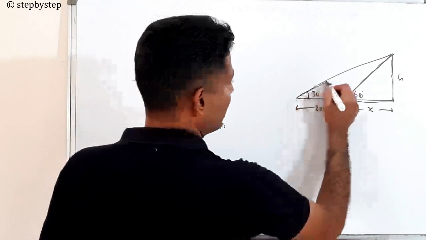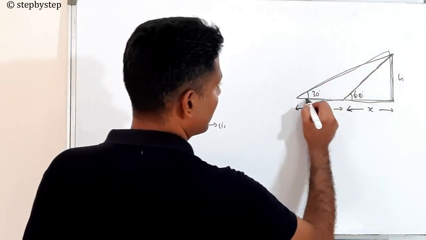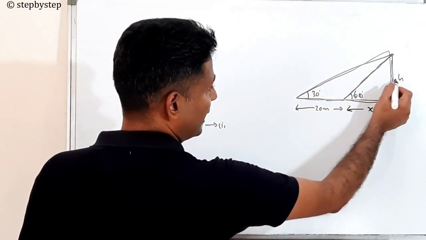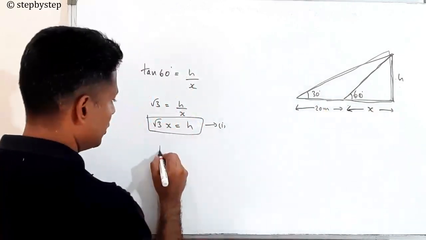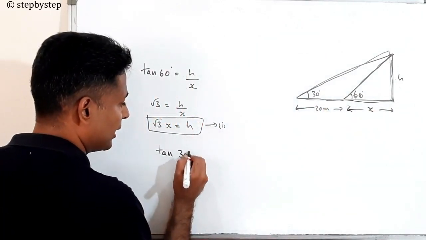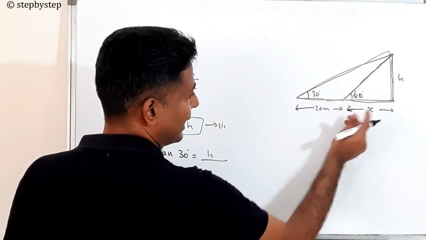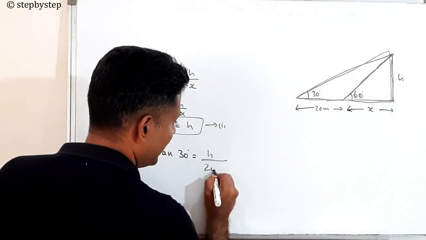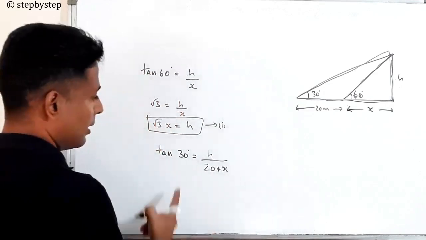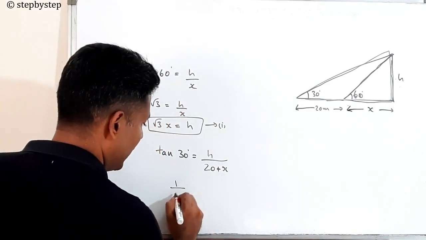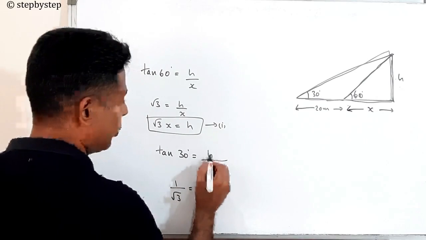Now the second triangle, this whole triangle, right? Again we have tan 30 degree, opposite and adjacent sides. So we get tan 30 degree equal to opposite side, that is h, by adjacent side, that is the whole thing, that is 20 plus x. Now tan 30 is 1 by root 3 equal to h.